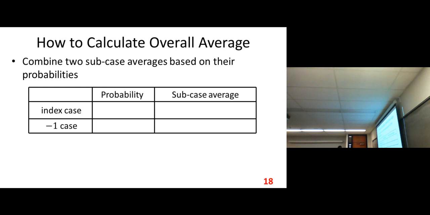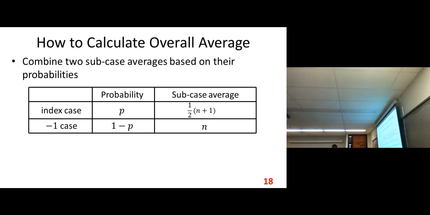So let's fill in this table before we do the calculation. Index case probability P, -1 case 1 minus P, and these two averages.